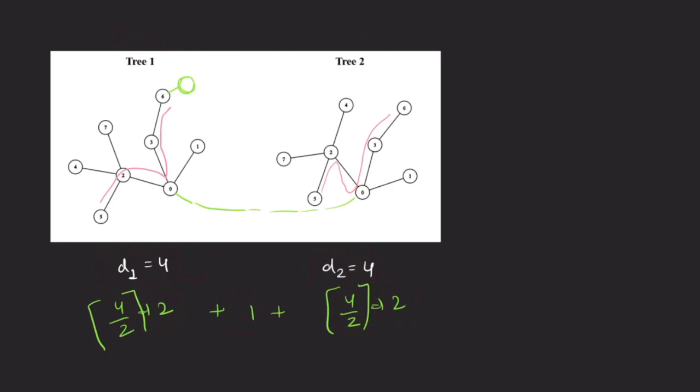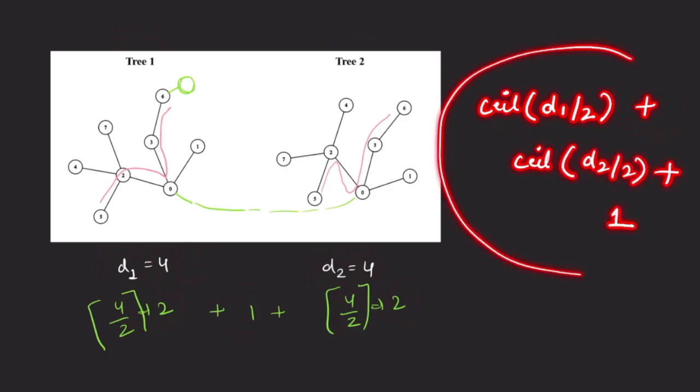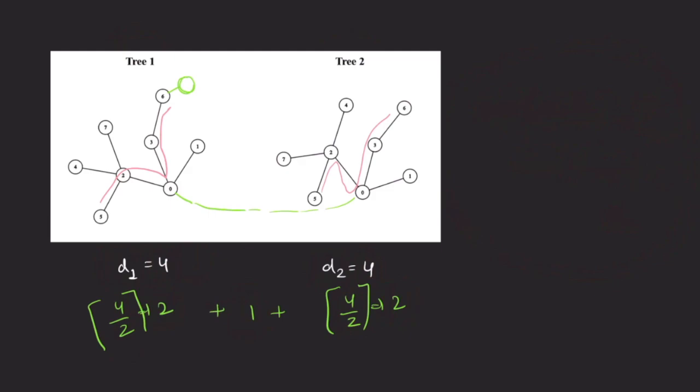Here the diameter was 5, so 5 divided by 2 gives 2.5, and the ceil of it gives 3, which is the new contribution. So 3 plus 1 plus 2, 6 would be the new diameter. So one is this edge case. Basically the formula that we got was ceil of D1 divided by 2 plus ceil of D2 divided by 2 plus 1. This will be the new diameter.